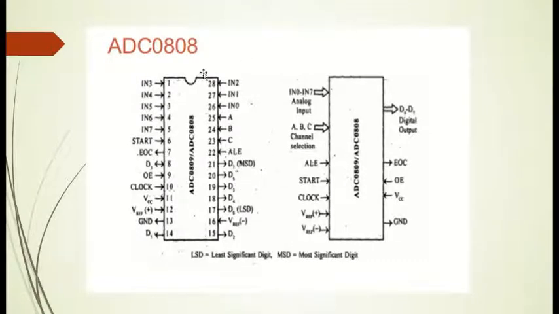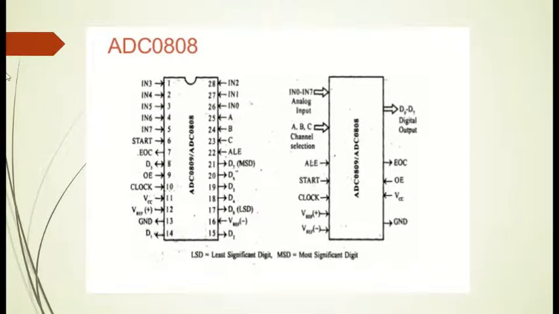This is the pin diagram of ADC 0808, with the exact pin numbers, and here it has been consolidated. You can see that the pins from IN0 to IN7 are used to get analog input.